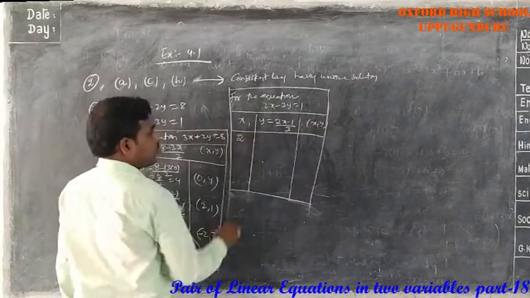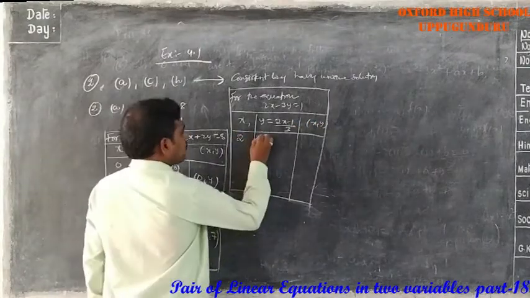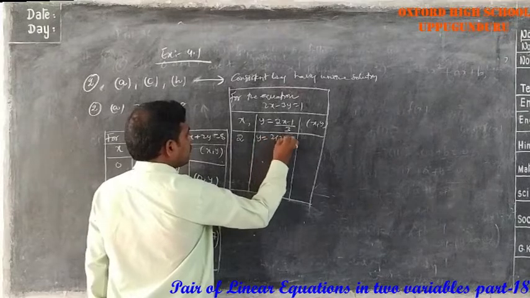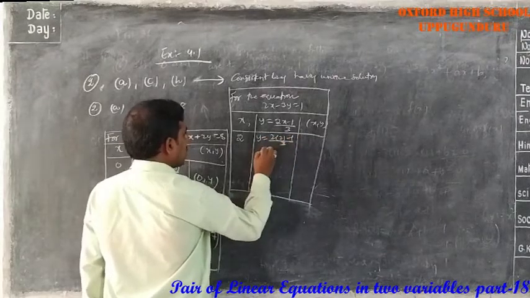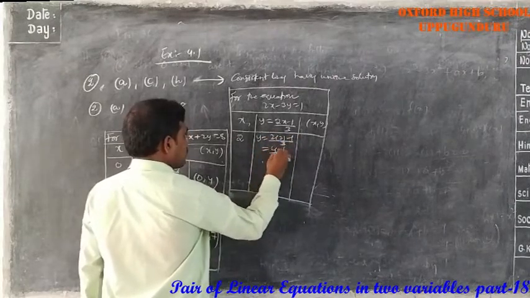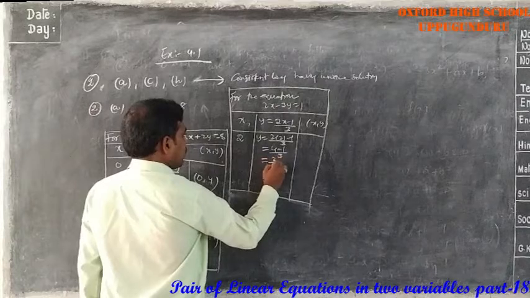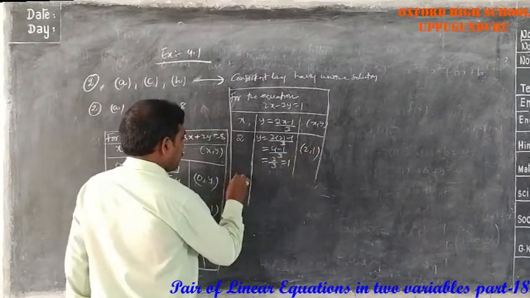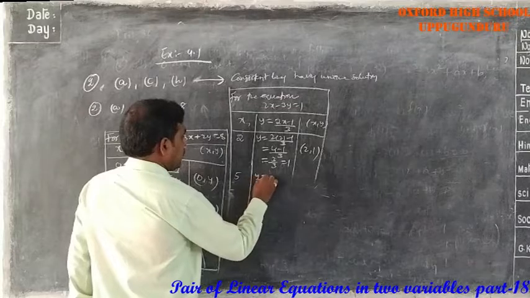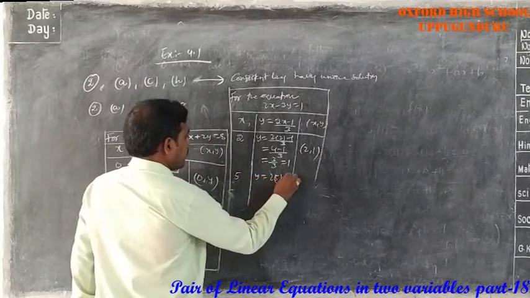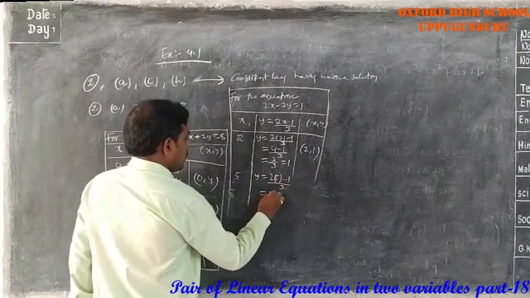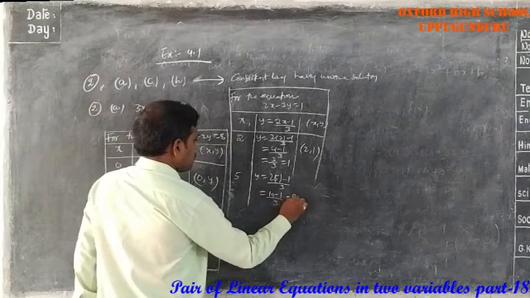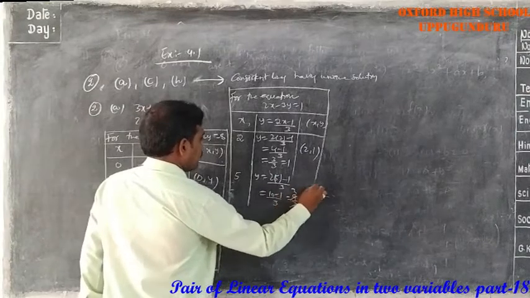When x equal to 2, what is the y value? y equal to 2 into 2 minus 1 by 3. 2 twos are 4, 4 minus 1 by 3, 3 by 3. You will get 1. So 2 comma 1. When x equal to 5, y equal to 2 into 5 minus 1 by 3, 10 minus 1 by 3, which is equal to 9 by 3.